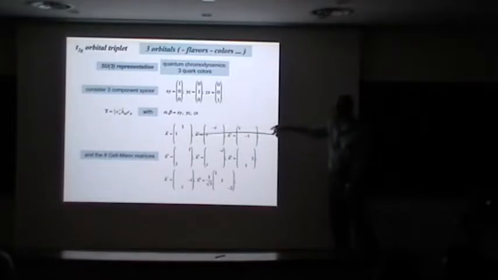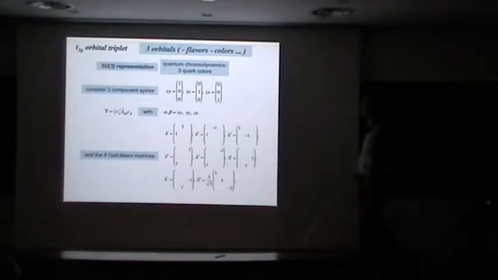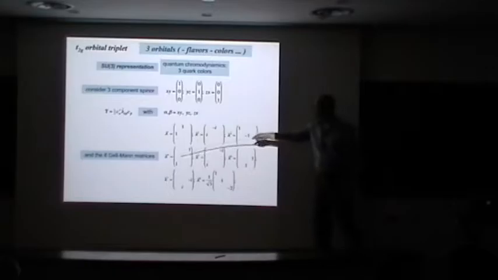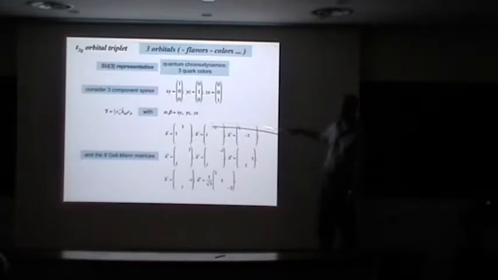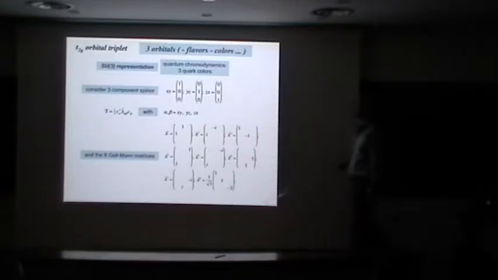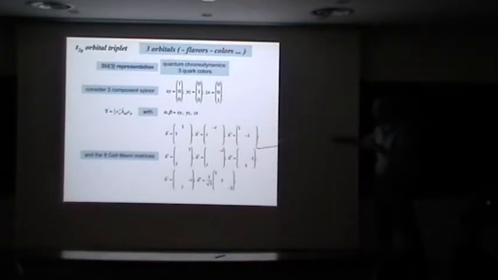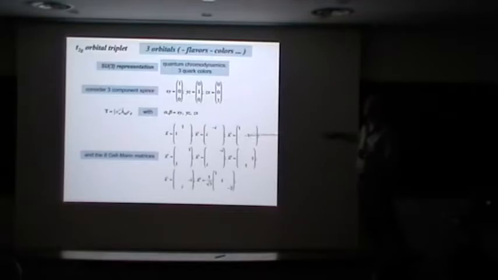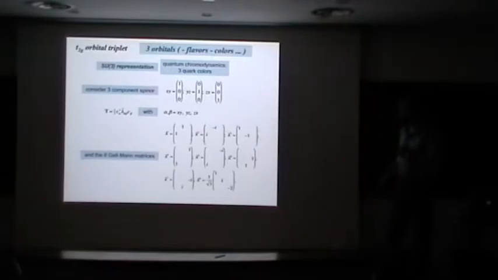And here, I didn't put the zeros in, not to clutter the picture, but these are the 8 Gell-Mann matrices. So these are the rotations corresponding to these spinors. These are the generators of rotations of these spinors.